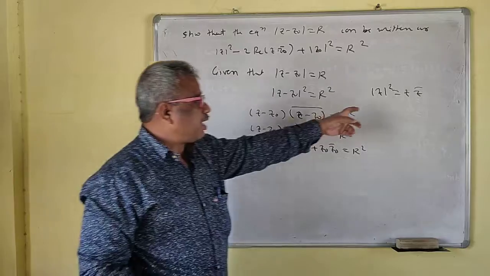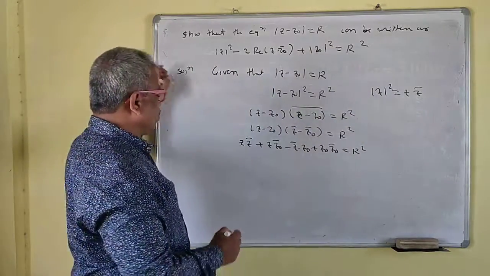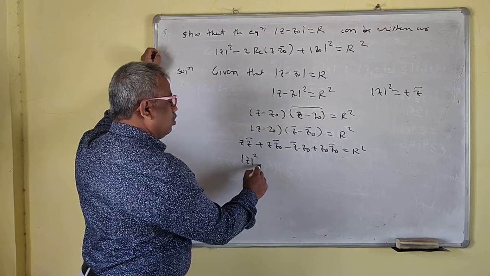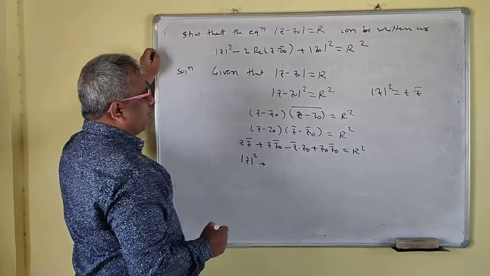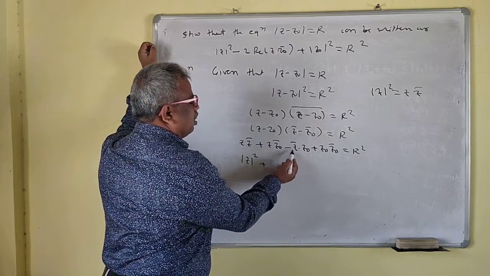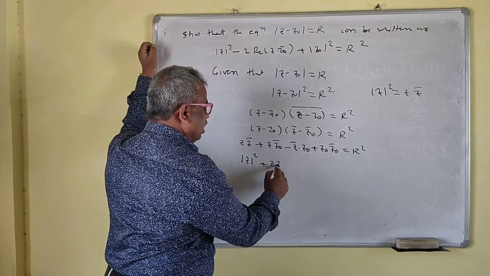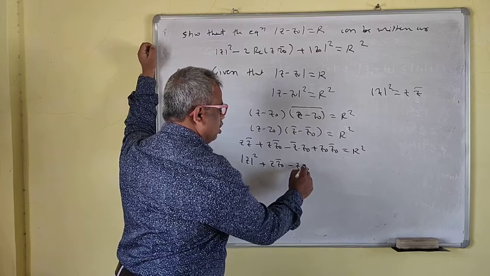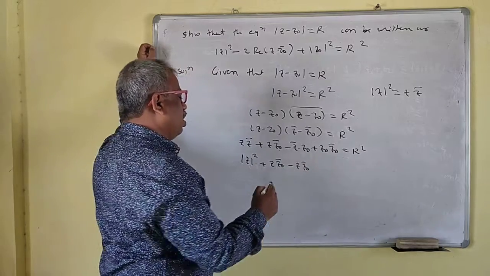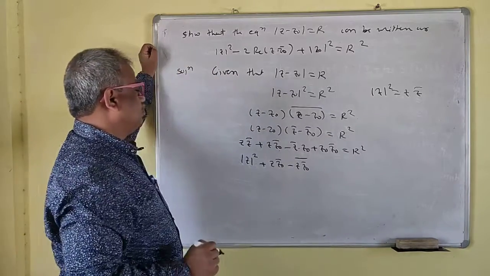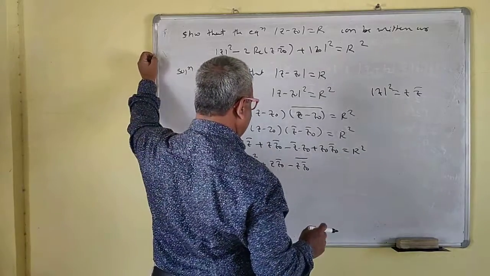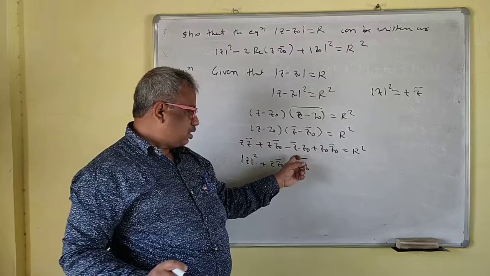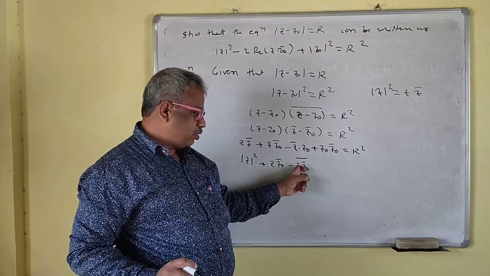But z into z bar is what? Mod z square. So this is mod z square plus z into z naught bar minus z bar into z naught.